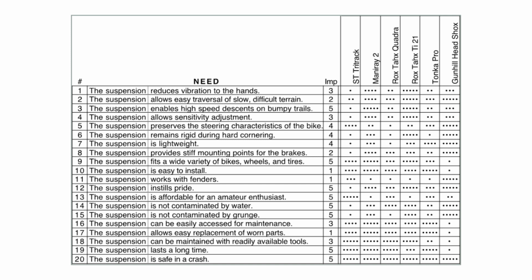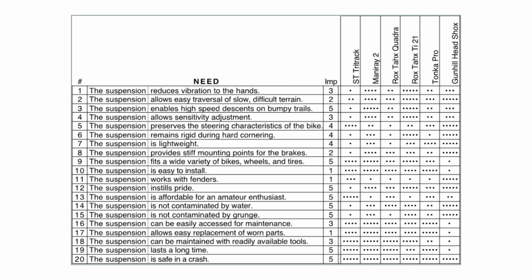One example. Need number 1, the suspension reduces vibration to the hands, with an importance level of 3. But for example, competitor product number 1 has 1 dot. It means competitor product number 1, regarding the suspension reducing vibration to the hand, has the lowest performance.